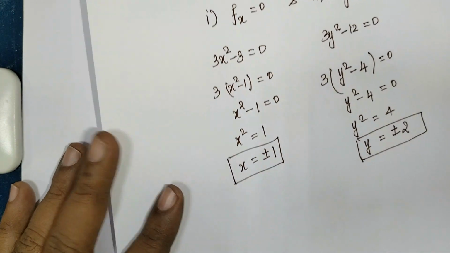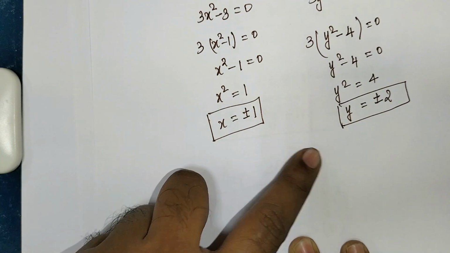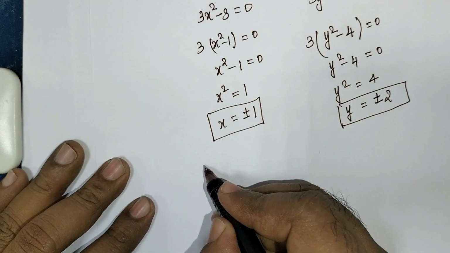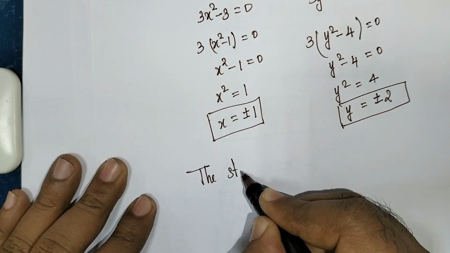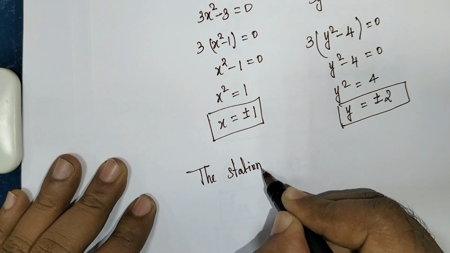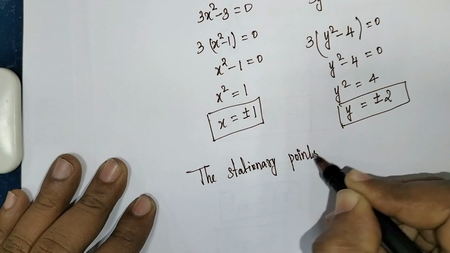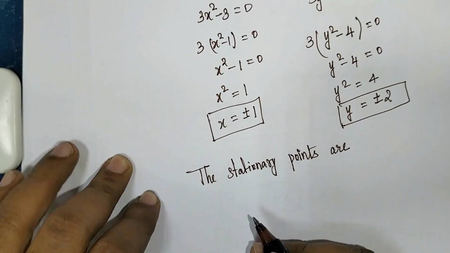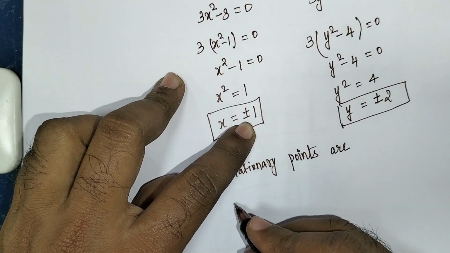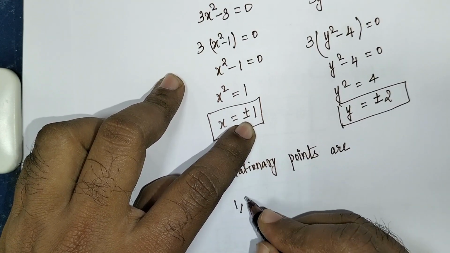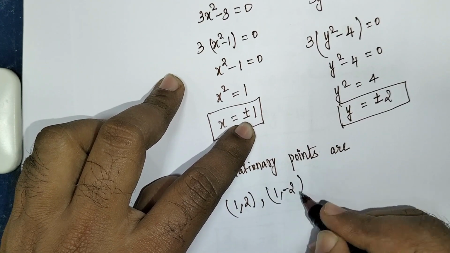Now we know the values of x and y. Based on these x, y values, I will write the stationary points. The stationary points are: in x you take plus 1 and combine with the y values, so (1, 2) and (1, −2).